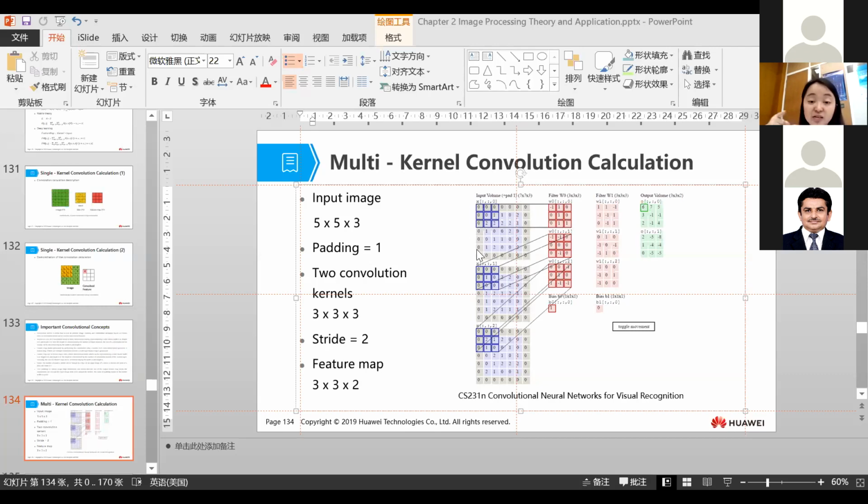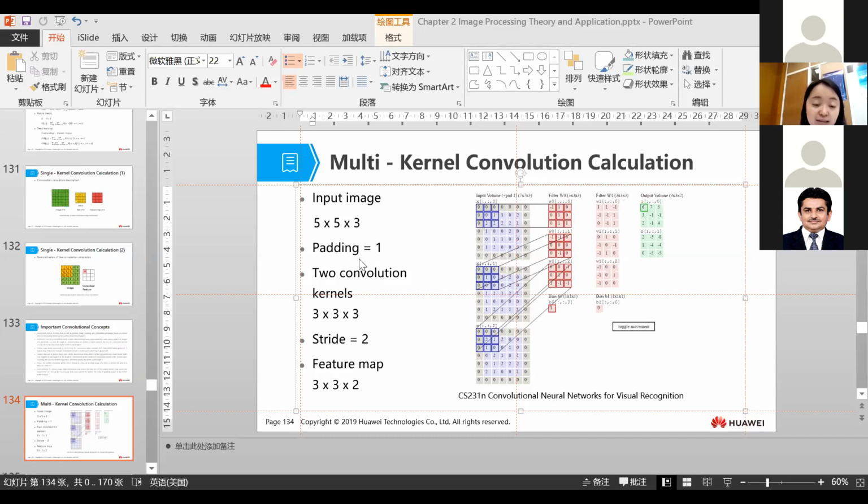So we cannot do convolutional calculation at these boundaries of the image. So we need to pad. If we pad, we can do convolutional calculation around the image so that we can extract information at these boundaries.